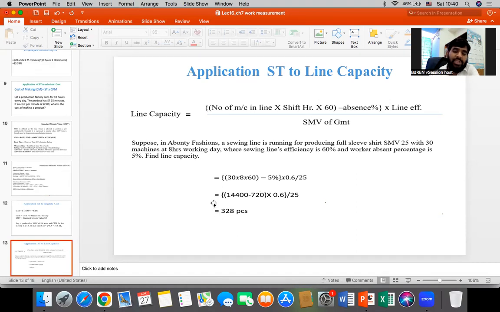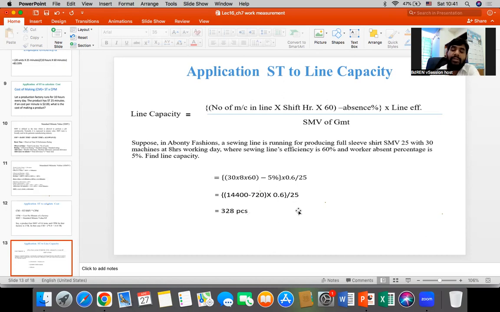So if a production line can produce 328 outputs, how many units can a garments factory produce which has 10 production lines? 10 times 328, 3,280 units a garments unit can produce if the factory has 10 production lines, assembly lines, same thing.